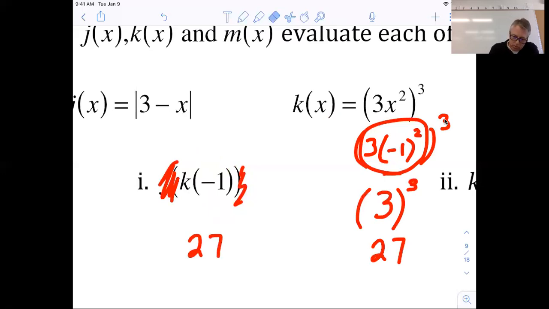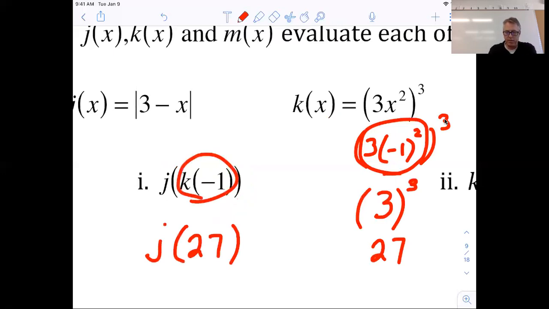But now I have to plug that 27 into j. So now I have to find j of 27. So you do the inside part first, and then whatever you get for that becomes your input for the next function.